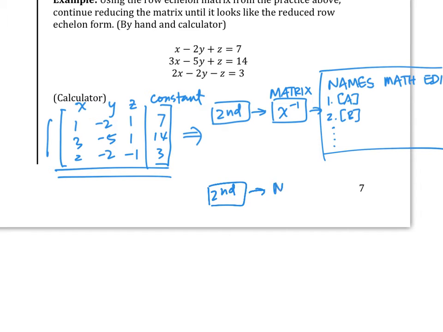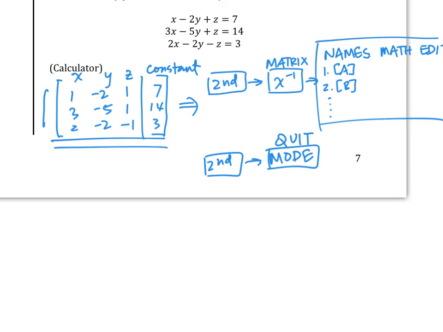To exit out to your calculation screen, you just click second, mode, because on top of mode it says quit. So basically go back to the original screen. Okay, now that you're in the calculation screen, we're going to calculate the RREF. So you're again going to go to the matrix version.